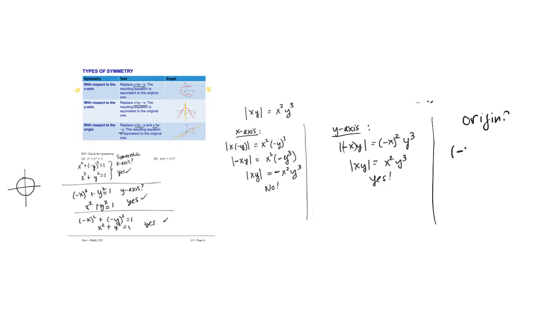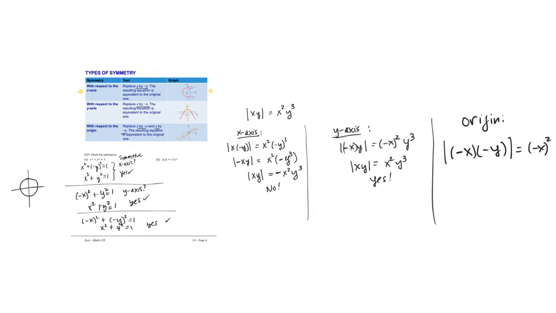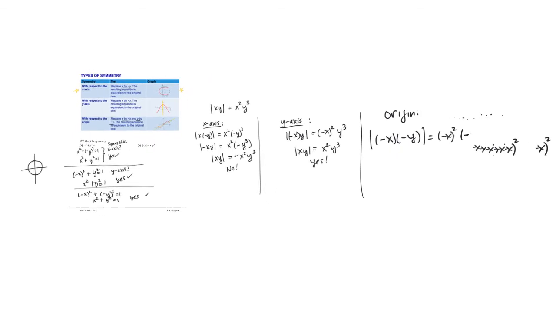So opposite of x, opposite of y, absolute value of that, opposite of x squared, and opposite of y, quantity cubed. And this one won't be, because we would have a positive xy, absolute value of that is a positive number. Squaring a negative x ends up being positive x squared, but then with our y, we run into the same problem that we had before. So that one is no.